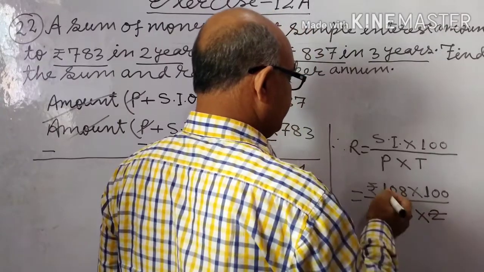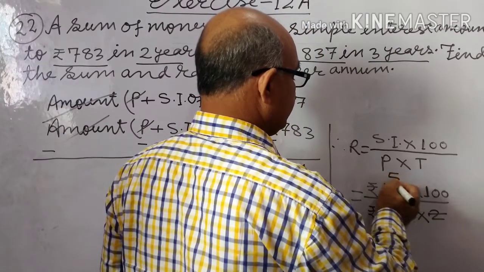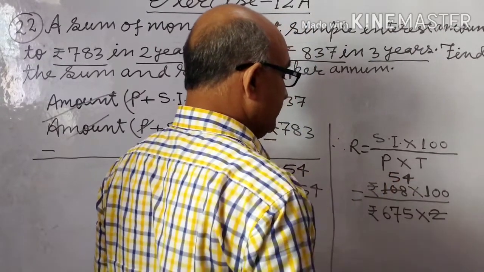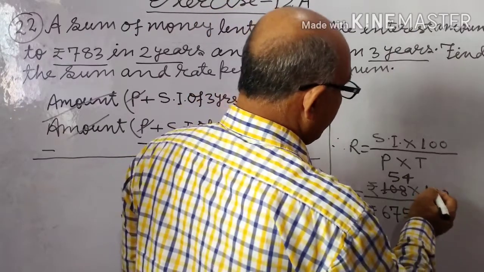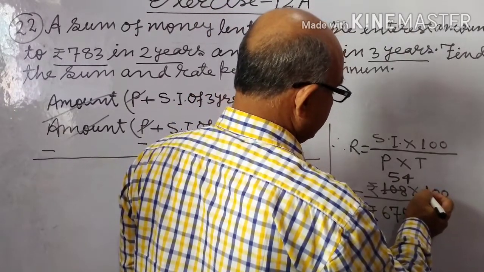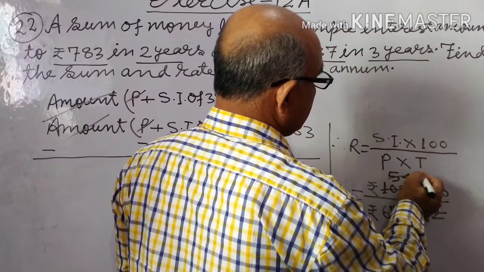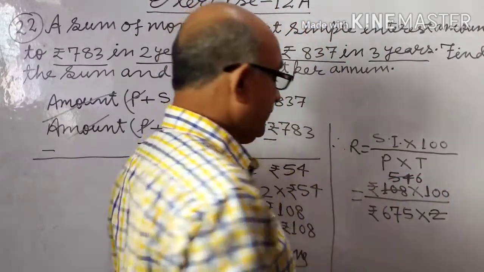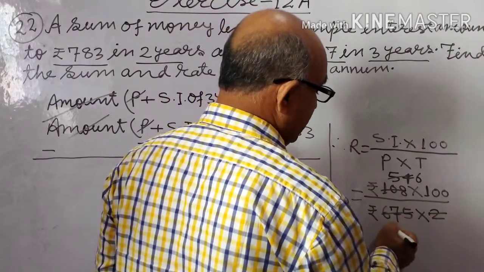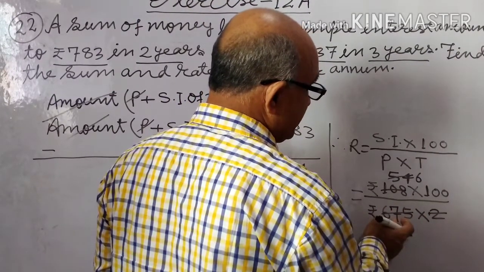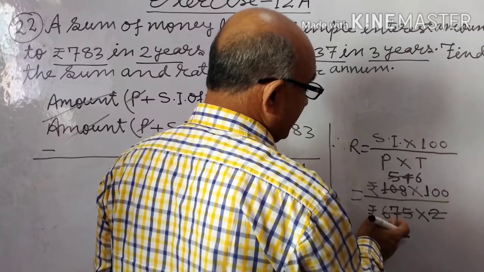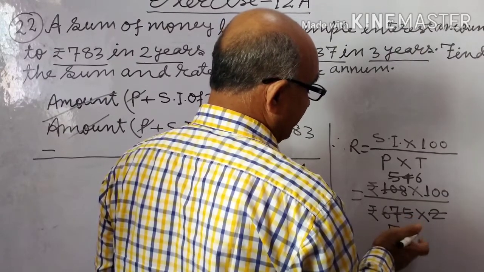Now 2 times 54, 5 times, or 9 times also. 9 6 is 54. It is 9 times. 9 7 is 63. 7 minus 3, 4. 4 and 5, 45.